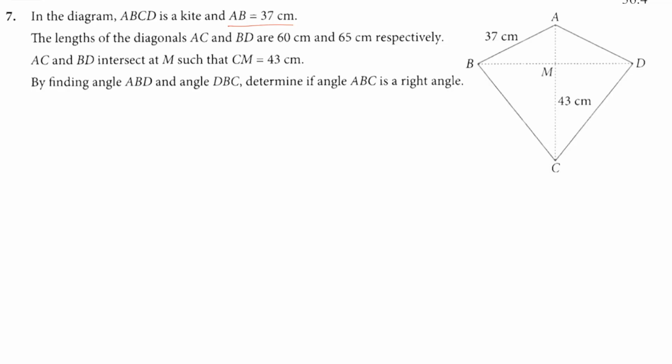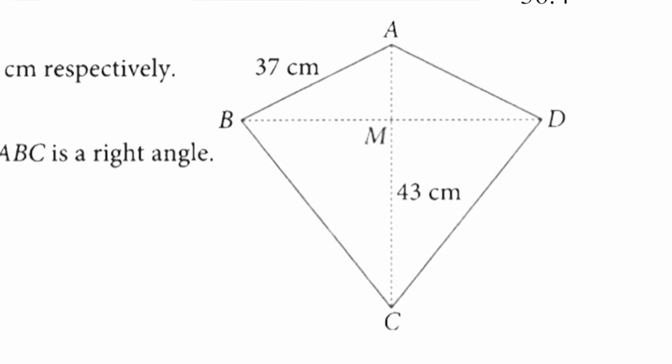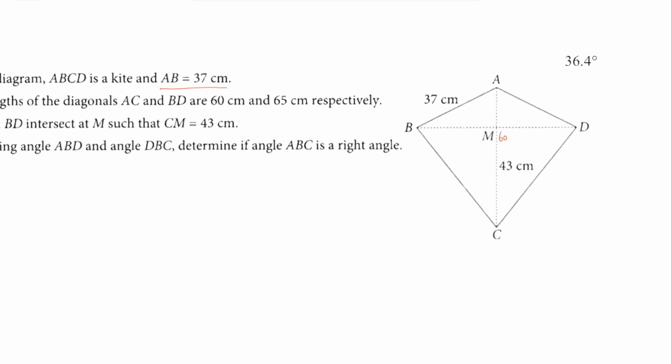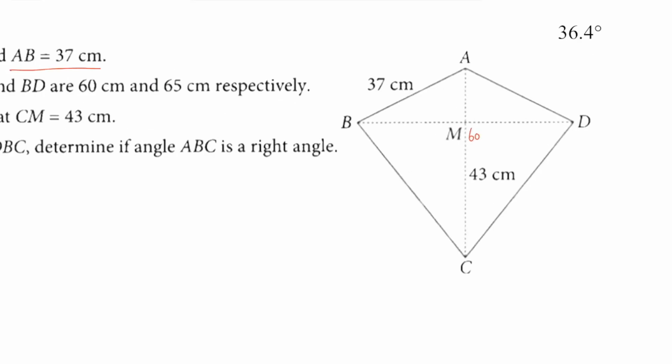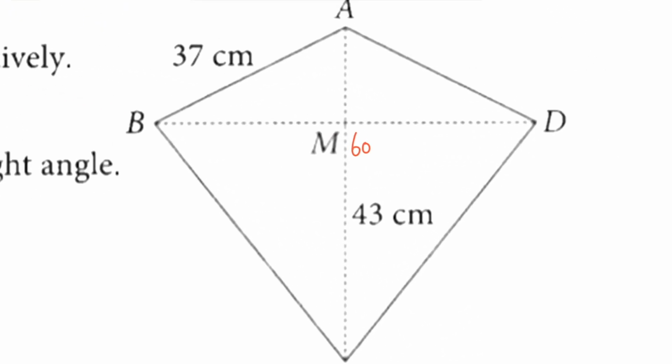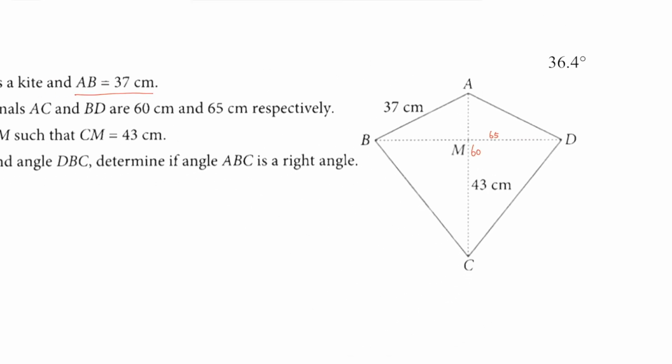This is not listed inside the diagram, so we have to do it ourselves. AC is 60, so let's label 60 close to the line, and then 65 is BD, which is this one, 65.